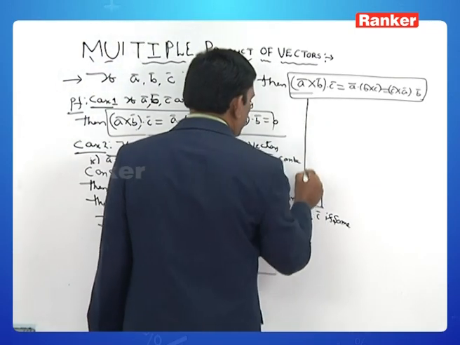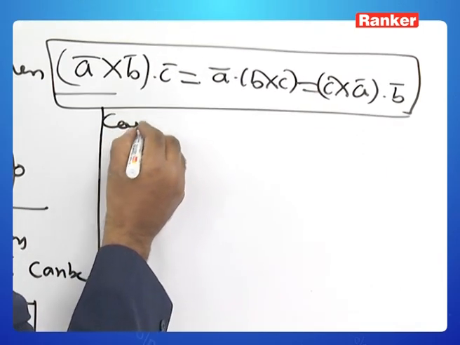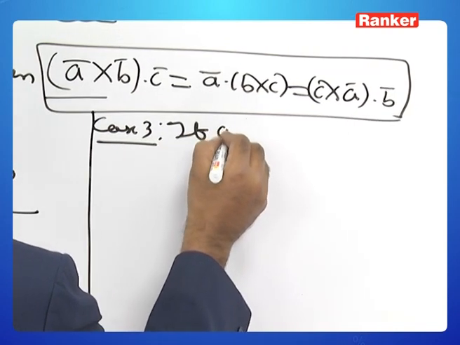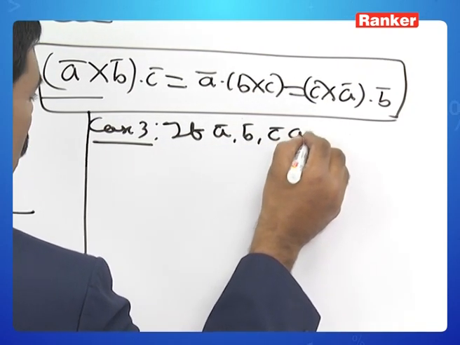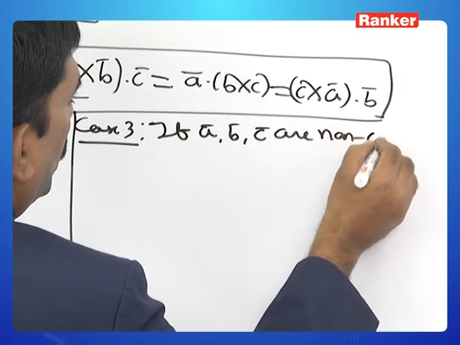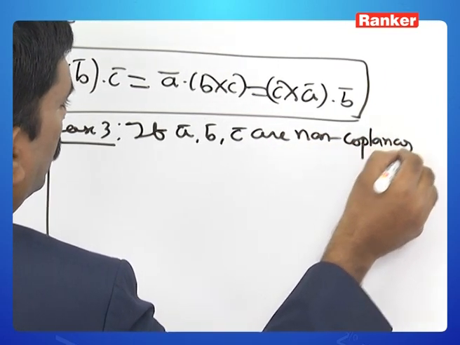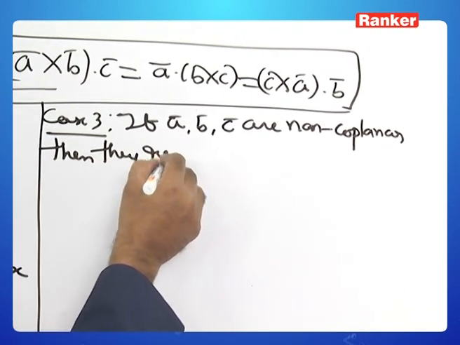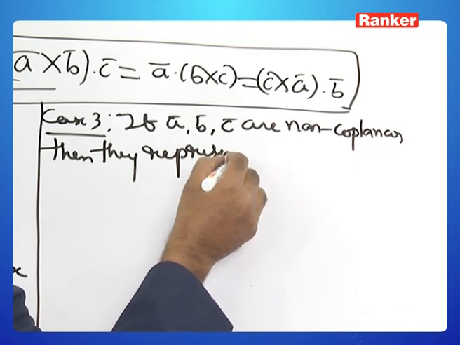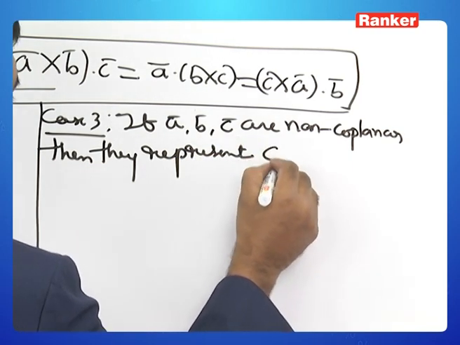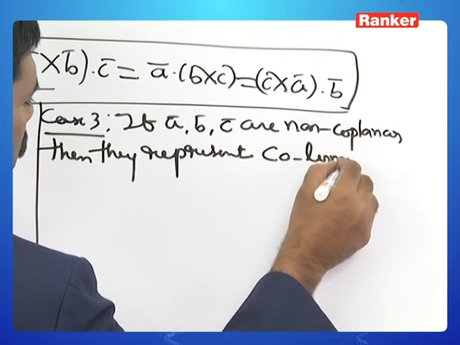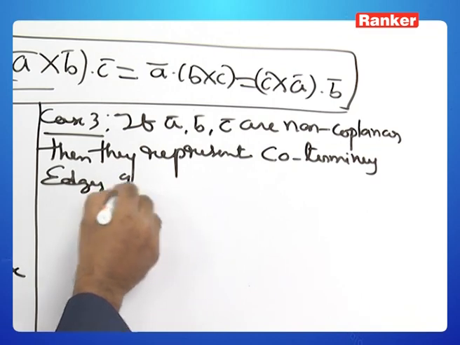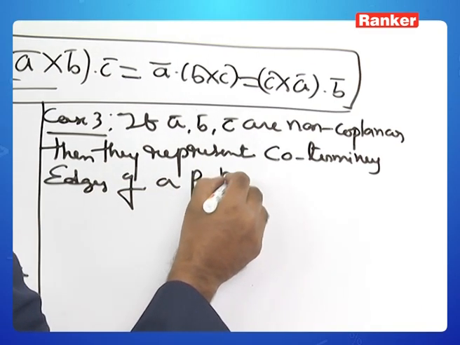Case 3, if A bar, B bar, C bar are non-coplanar, then they represent coterminous edges of a parallelepiped.